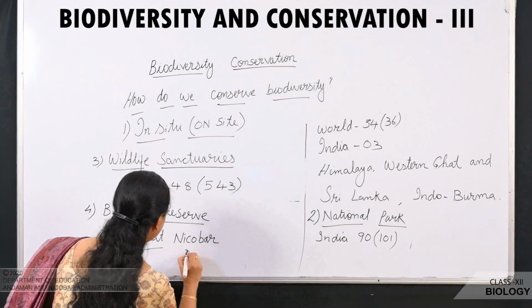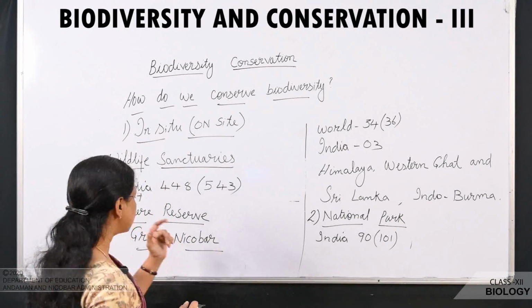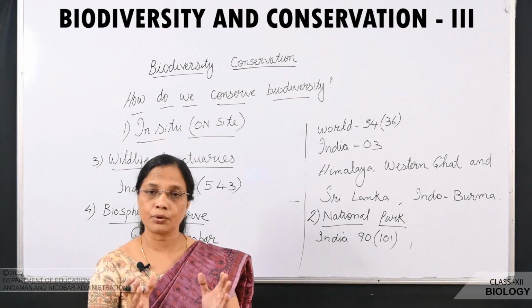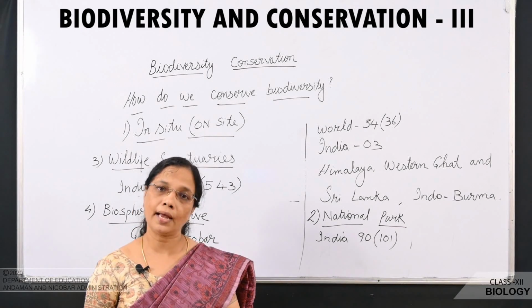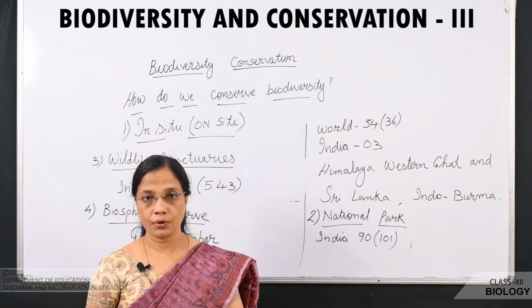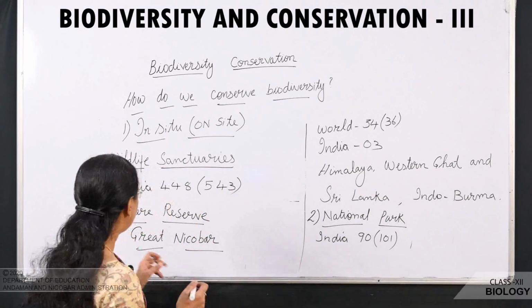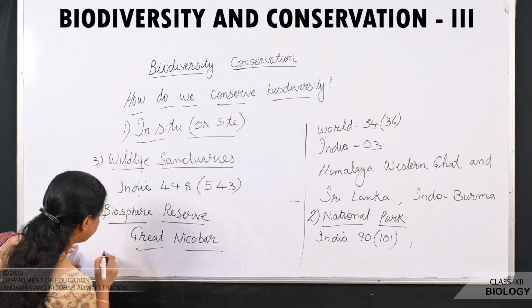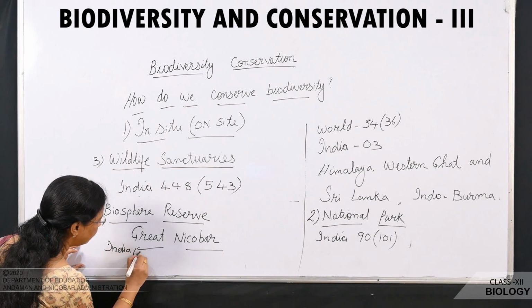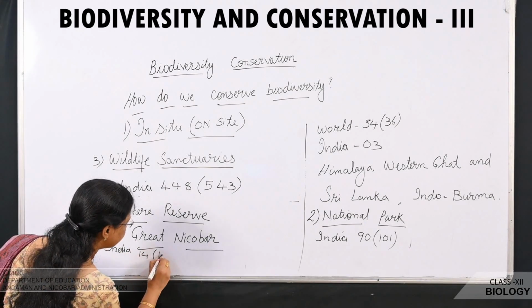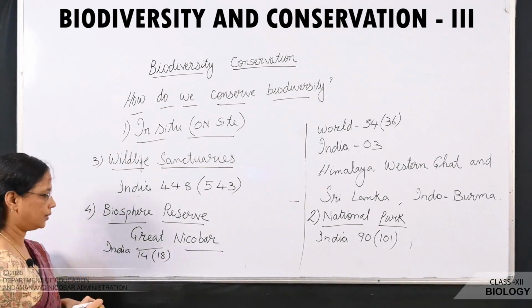Great Nicobar is a biosphere reserve. Here you can see 2 national parks, that is Galathea National Park and Campbell Bay National Park. Total biosphere reserves in India is 14. According to the present list, it is 80.